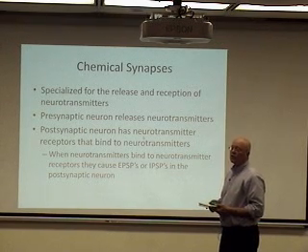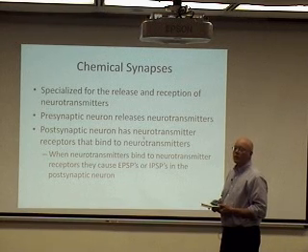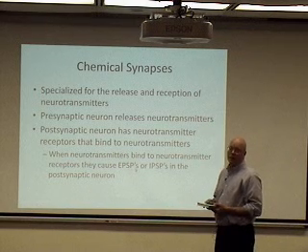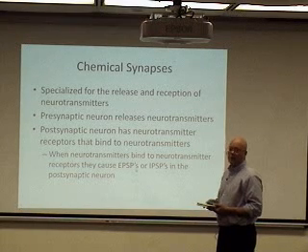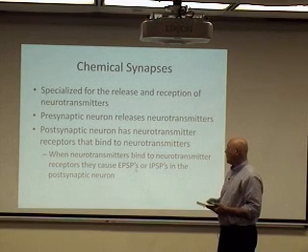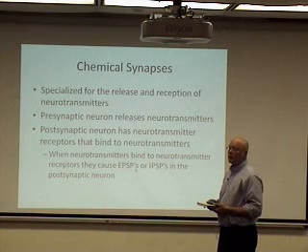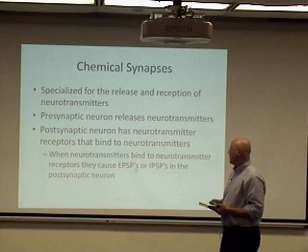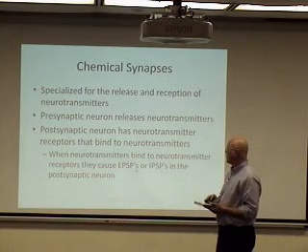When it binds, that will cause the EPSPs or IPSPs. And of course, if you'll remember from our discussion about EPSPs and IPSPs, if I have enough neurotransmitters crossing the synaptic cleft, binding to neurotransmitter receptors, if I get enough EPSPs created, the postsynaptic neuron will reach threshold and a new action potential will be created.